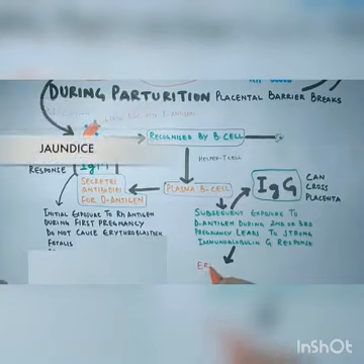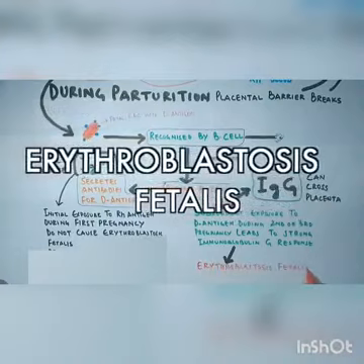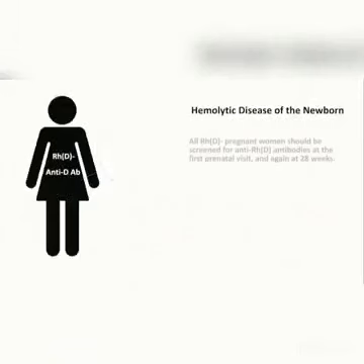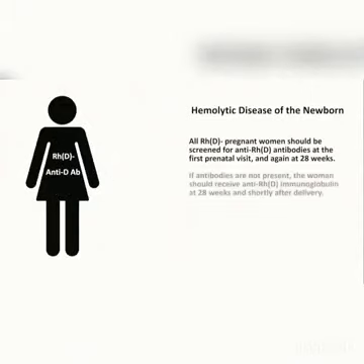So how can you prevent this erythroblastosis fetalis? If the mother is Rh negative and the fetus is Rh positive, the anti-D antibody should be administered to the mother at 28th and 34th week of gestation as a prophylactic measure. If the Rh negative mother delivers an Rh positive child, then anti-D antibody should be administered to the mother soon after delivery.